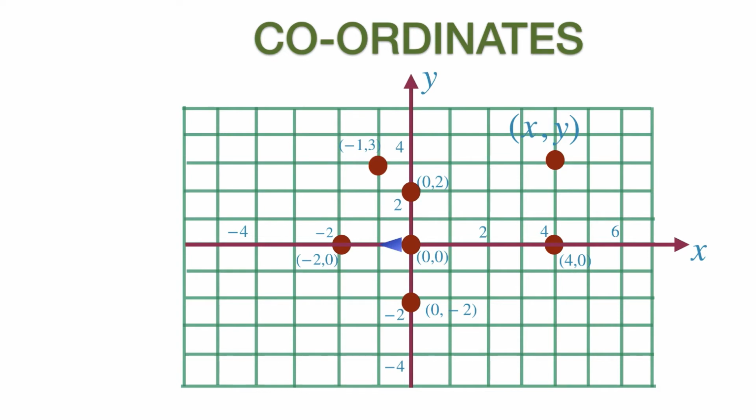Point minus 1, 3 is 1 unit along the negative x-axis and 3 units along the positive y-axis. Similarly, you can define all the other points on the graph using these two coordinate system. For example, minus 2, minus 3, 2, 2 and 6, minus 3. They all can be defined using only these two pair of numbers.